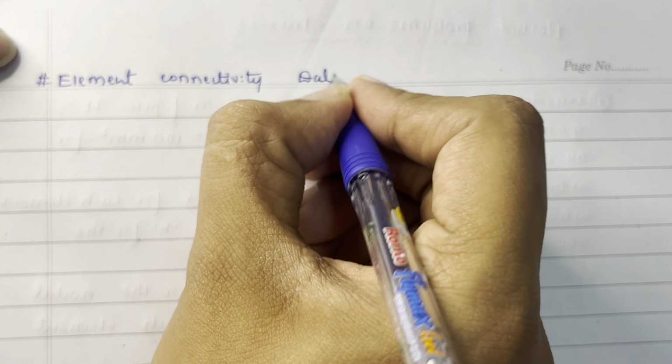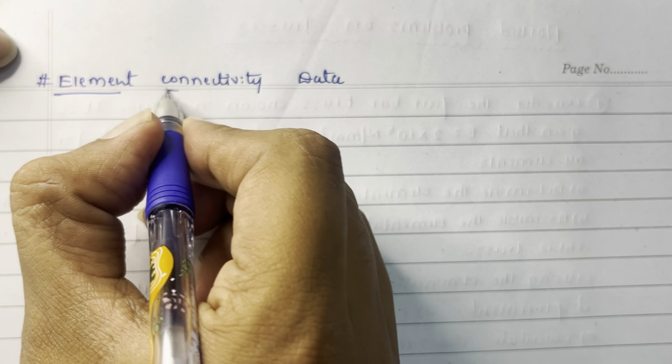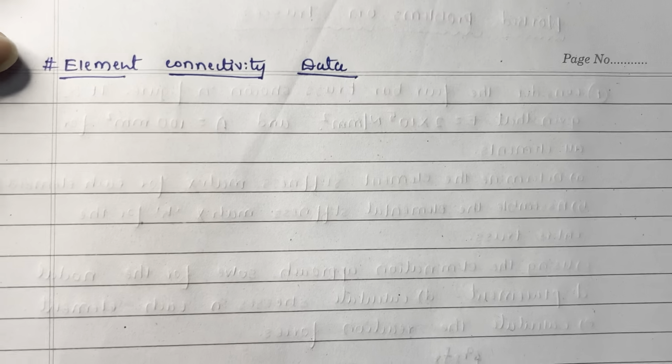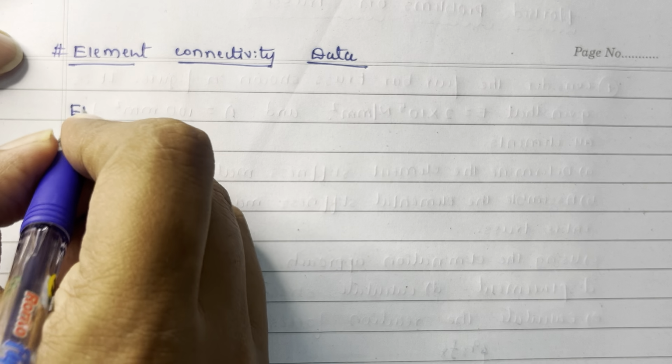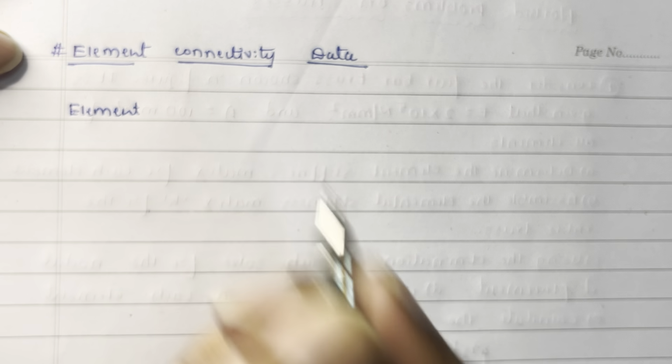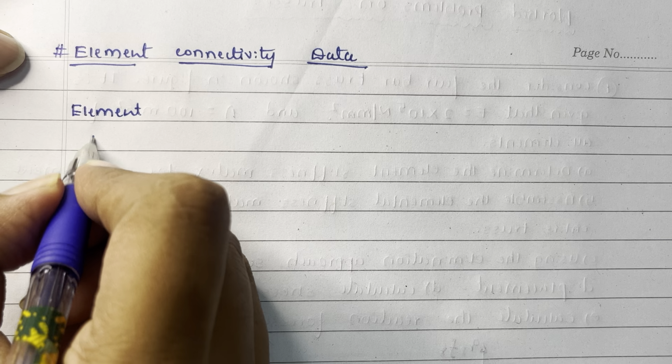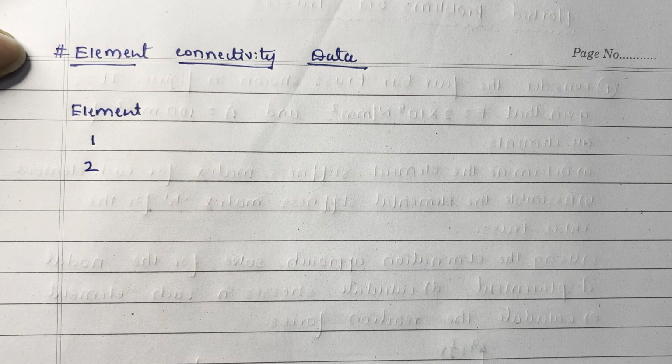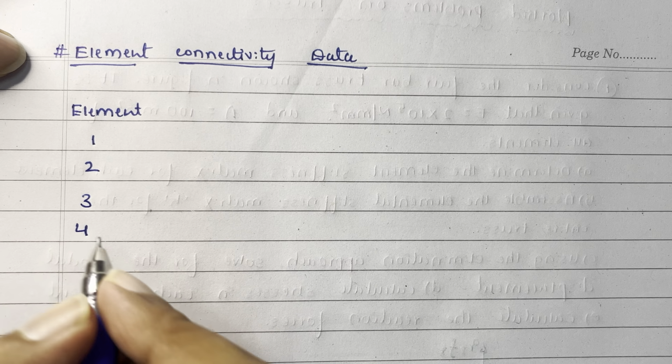Element connectivity data. Again we have to construct one table, that is element, as we have total 4 elements, 1, 2, 3 and 4.